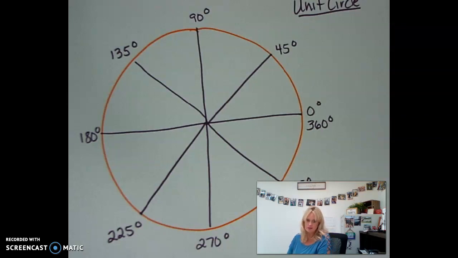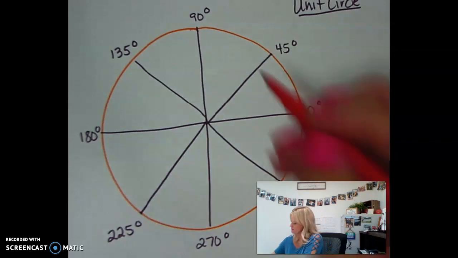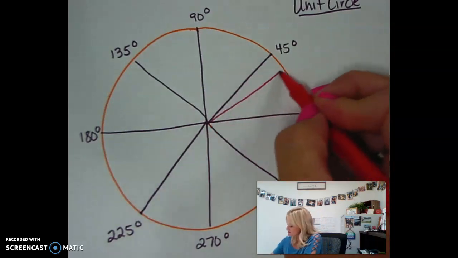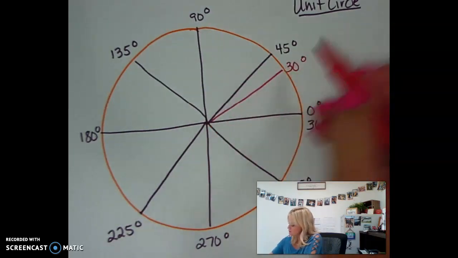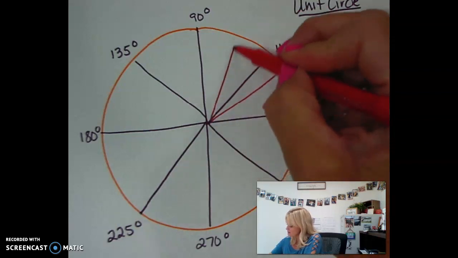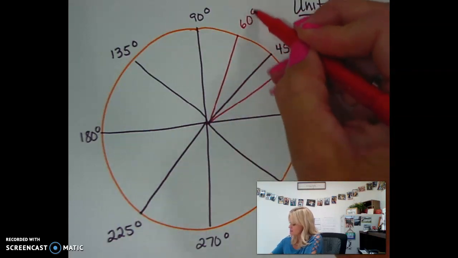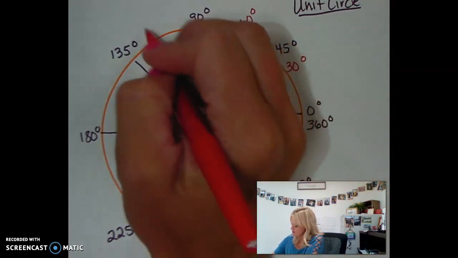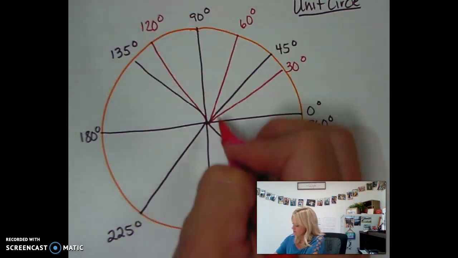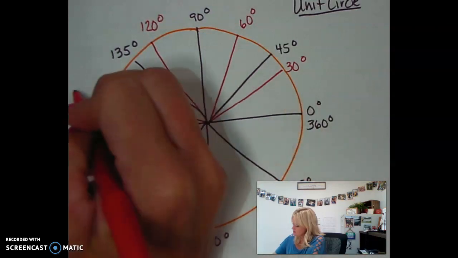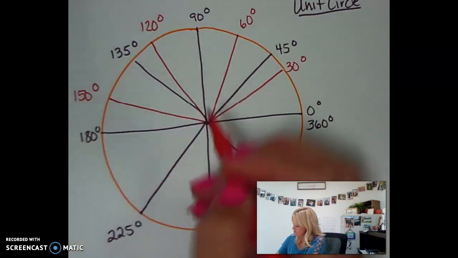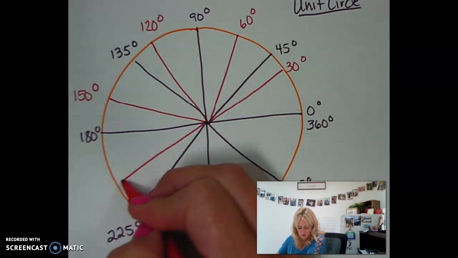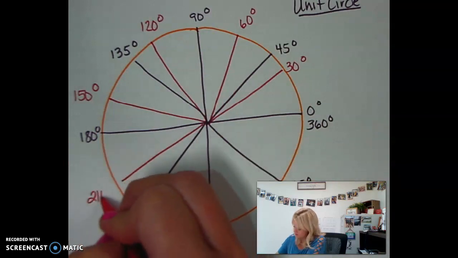The other way that the unit circle is broken up is by 30 degrees. So 30 degrees plus another 30 degrees plus another 30 degrees and another and another and another, all the way around the unit circle.